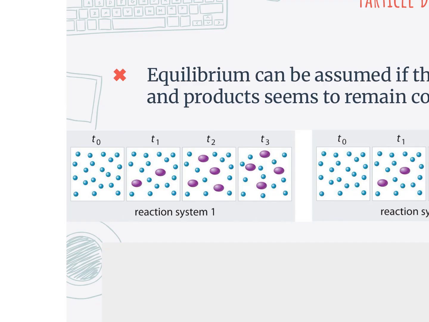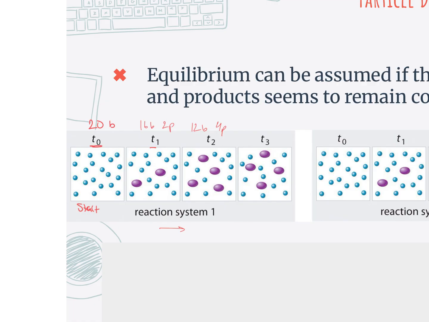So in reaction system 1, at T equals 0, or the start of this reaction, we have 20 blue particles. At T1, this has progressed the reaction a little bit. We have 16 blue, and now we have 2 purple particles. If we look over at T2, we have 12 blue particles, and we have 4 purple particles. And so it seems in this case, our reaction is moving forward.